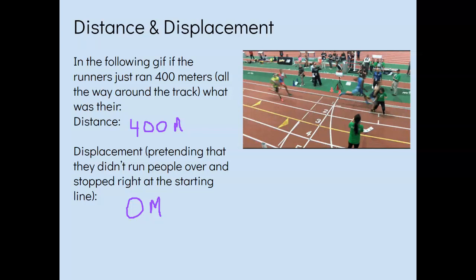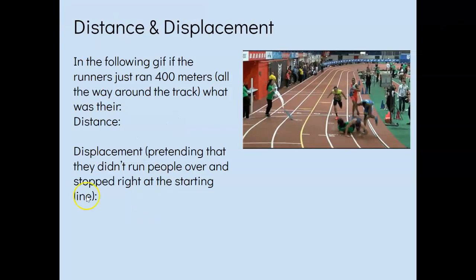Just like the example with the Earth rotating in a year, we end up in the same position that we started in. Same thing for these people running around the track. They end in the same position they started, so their displacement is 0. In this case, you don't say what direction because they haven't actually moved. Okay, so there's no displacement there at all. So that would be no displacement in that example.